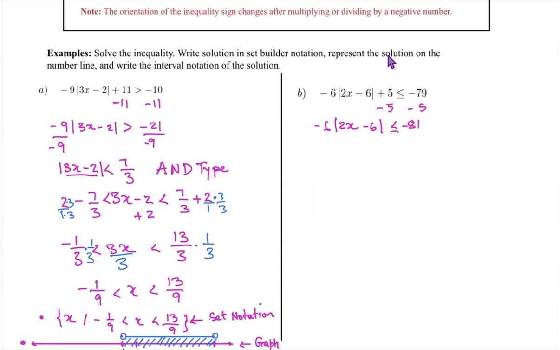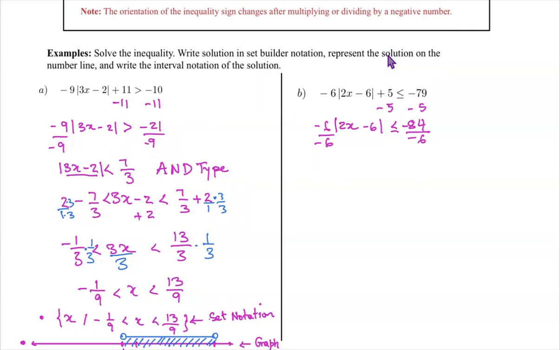Then we can divide by negative 6. The inequality sign will be switched because we divide by a negative number.